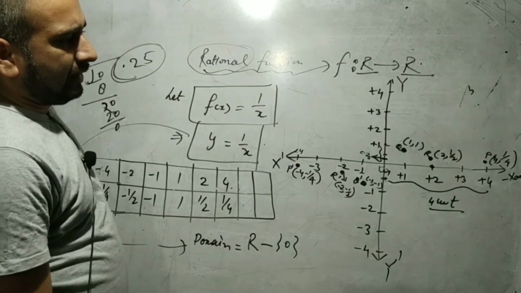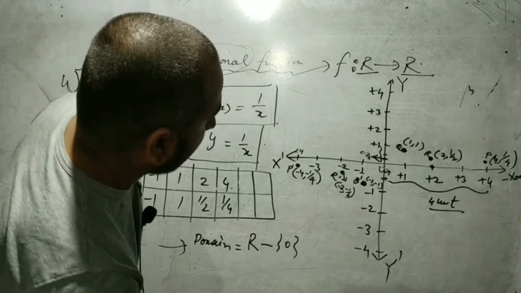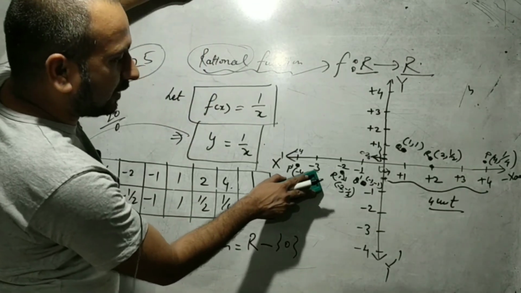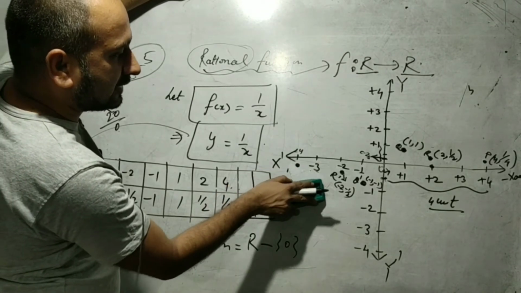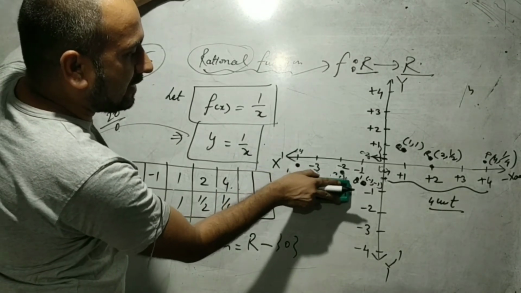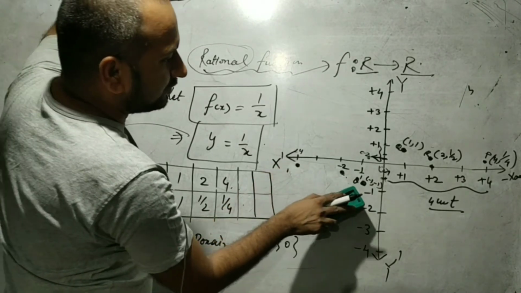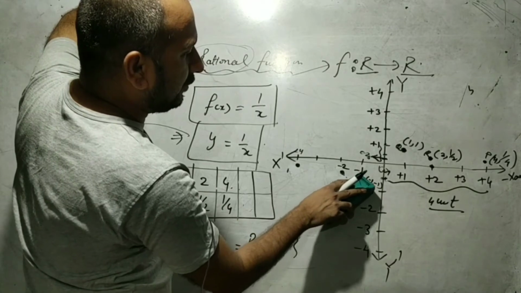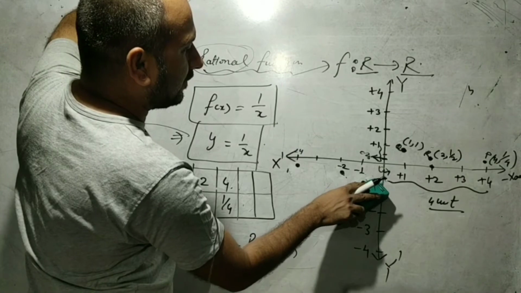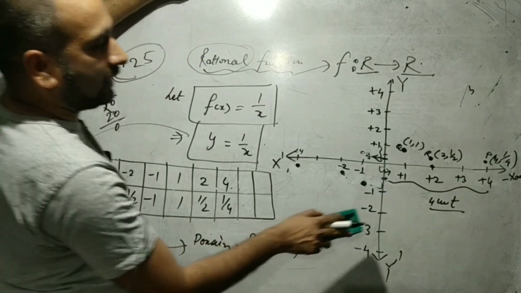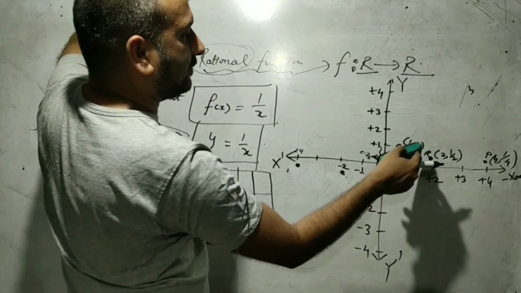Finally, I'm going to rub out these portions, these coordinates, but I will not remove the points, because I need to draw only the graph here. I need not define it here. Actually, neatness is very important.